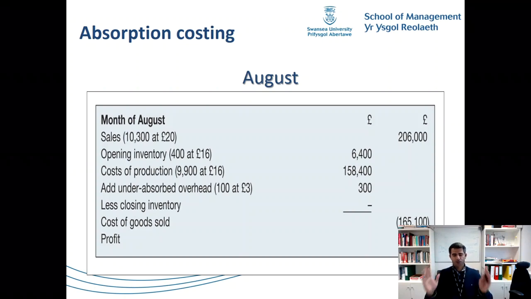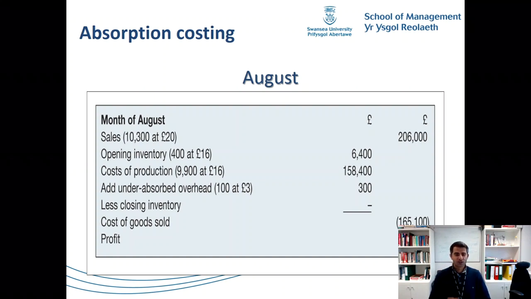Now you need to stop a little bit, okay? When the business calculated the fixed manufacturing overhead of £30,000, they calculated it based on the 10,000 units of budgeted production, right?